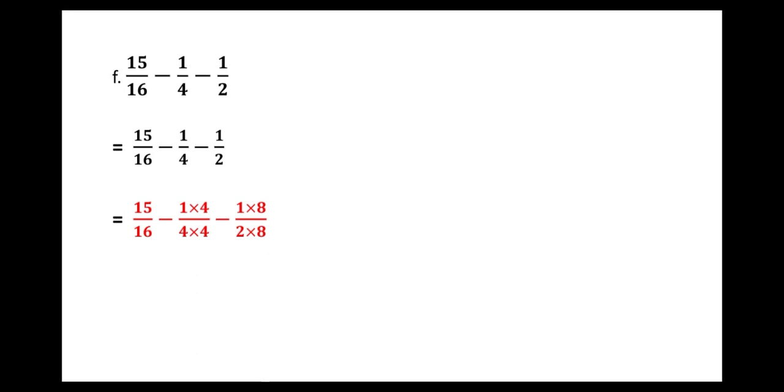The first fraction, 15 upon 16, we write as it is. Subtract 1 upon 4: we multiply it by 4, because when we multiply by 4 we get 16. And the third fraction, 1 upon 2, we multiply by 8, because then we get 16.